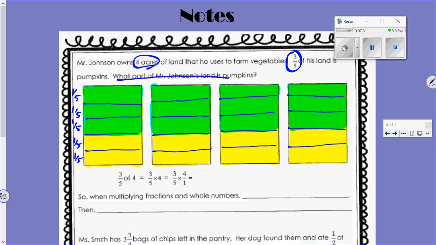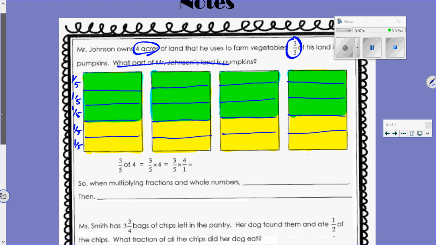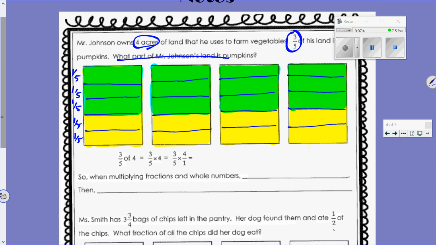Now we need to analyze our picture so we can figure out exactly what's happening. So he started with 4 whole pieces, right? But now that we have our double colors, how many are double shaded? 12. So we have 12 that are double shaded, don't we?